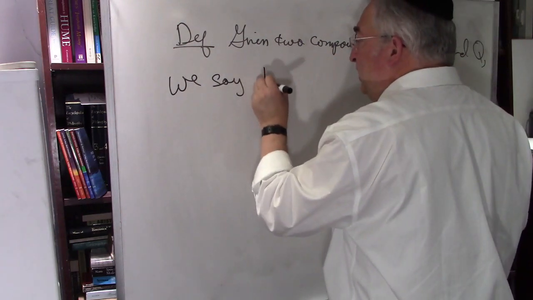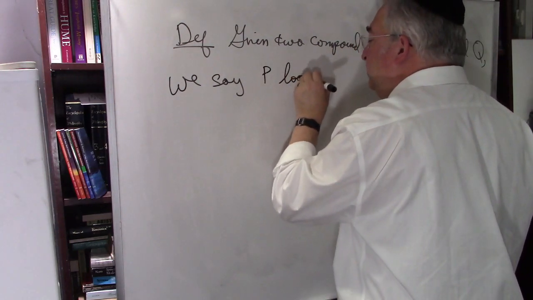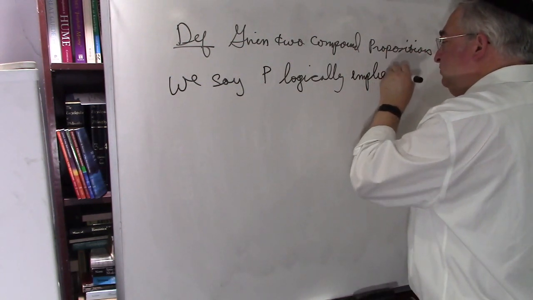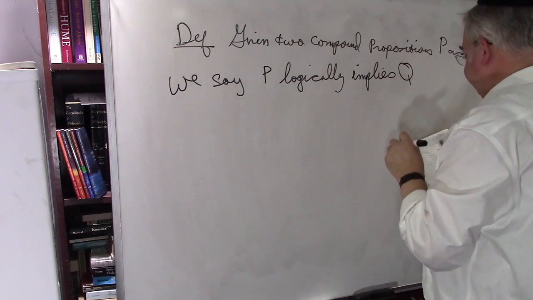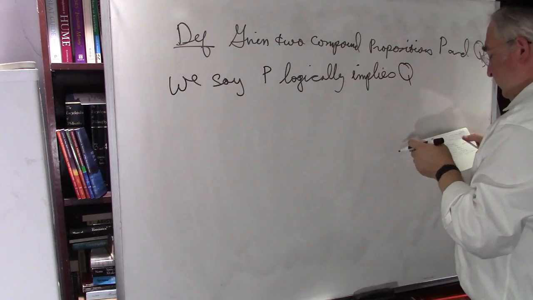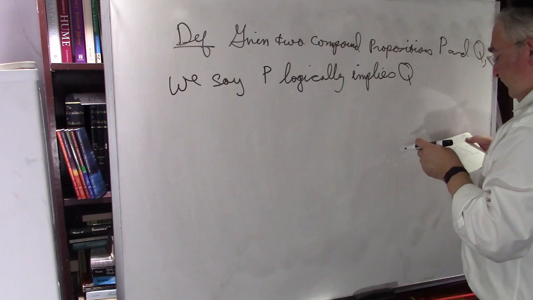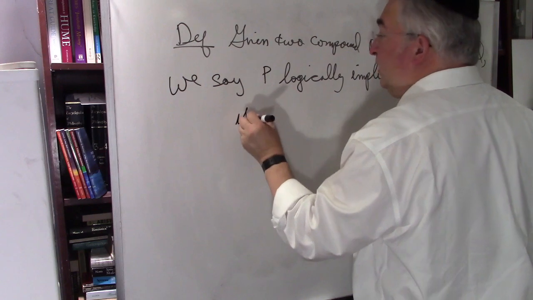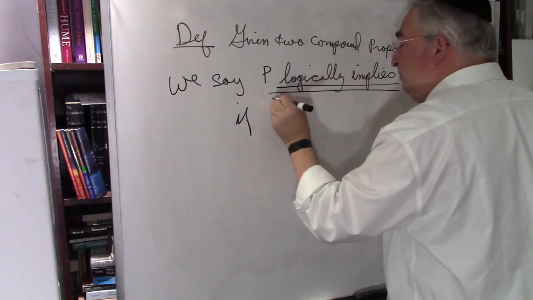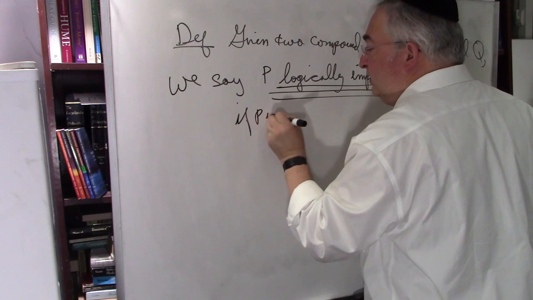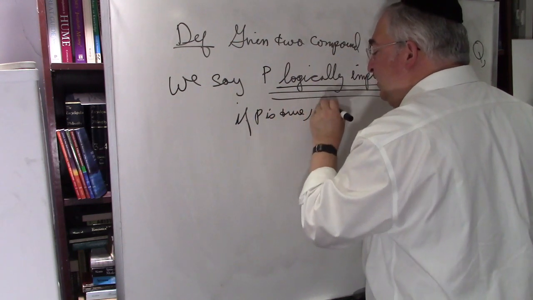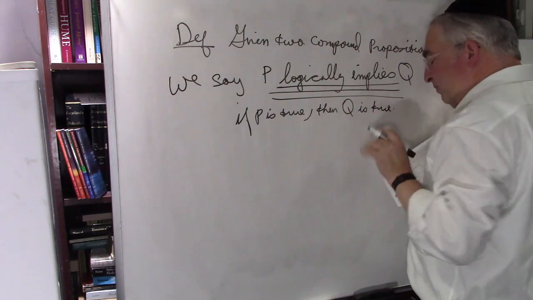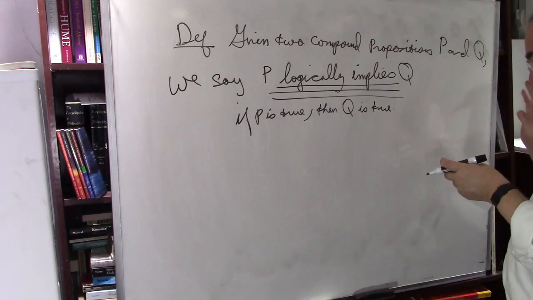We say P logically implies Q if P is true, then Q is true. Again, the book gives a definition slightly different, but it's the same thing.